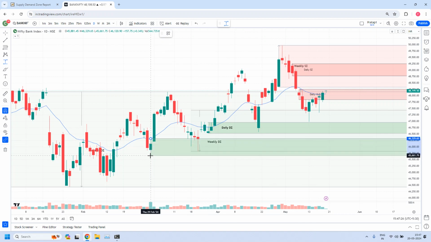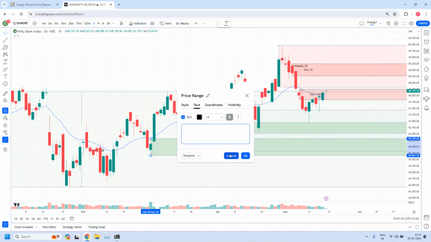Because this daily zone is responsible for the creation of this entire weekly zone. Such kind of zones are powerful. Recently we've been discussing this strategy. In our upcoming training lesson 22, we will discuss this strategy.